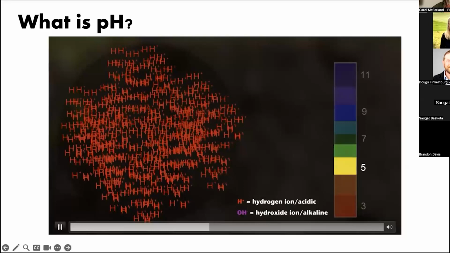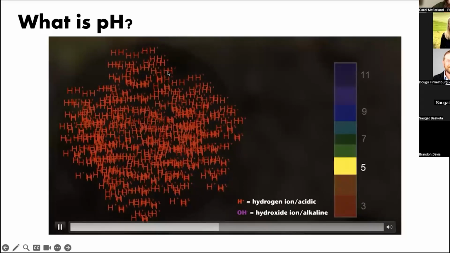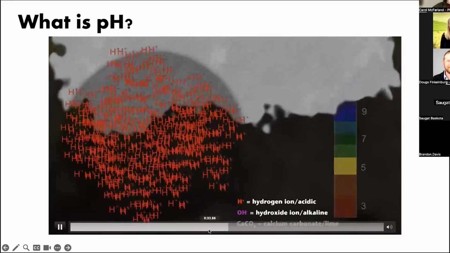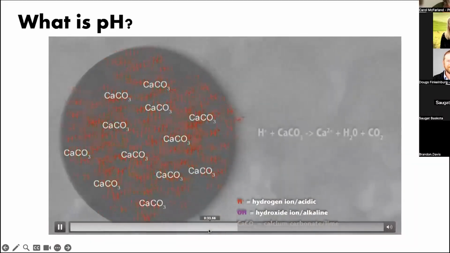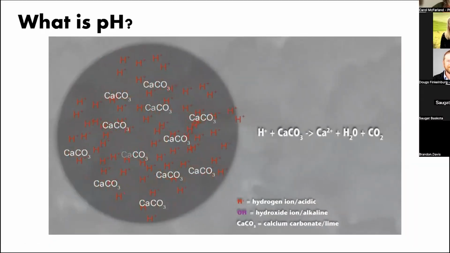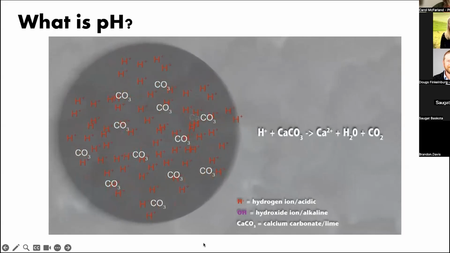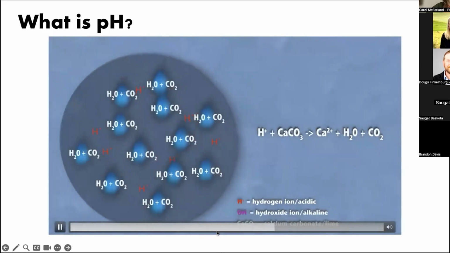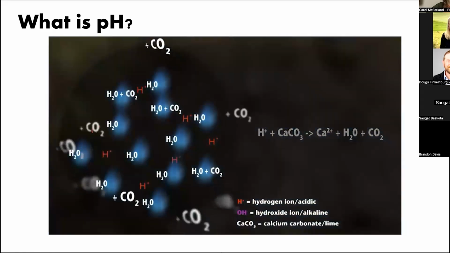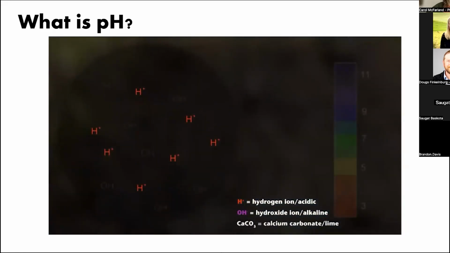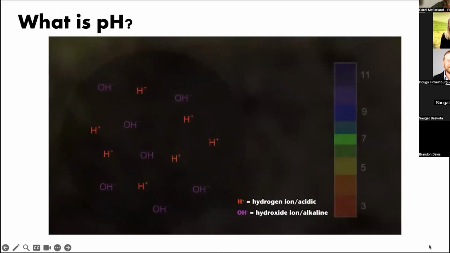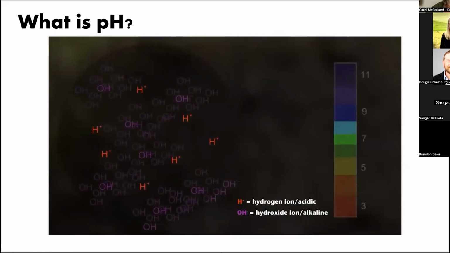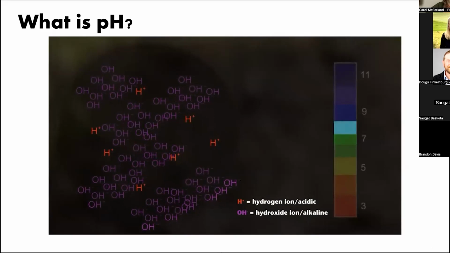In agricultural soils, a pH below 5 is considered to be very low. If a base like calcium carbonate is added to the acidic solution, calcium is released while the carbonates combine with hydrogen ions, creating water and releasing CO2 gas. Decreasing the hydrogen ion concentration means the solution becomes less acidic. If the hydroxide ion concentration increases, pH will go up and the system becomes more alkaline.